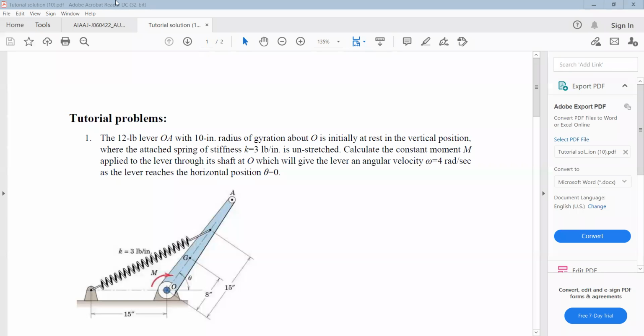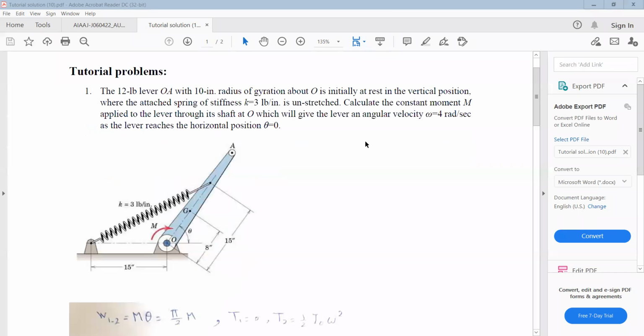I hope you already studied these problems, the tutorial for this week. We have the first problem.